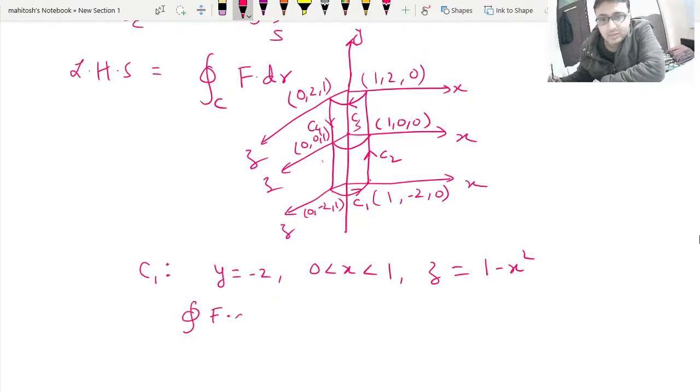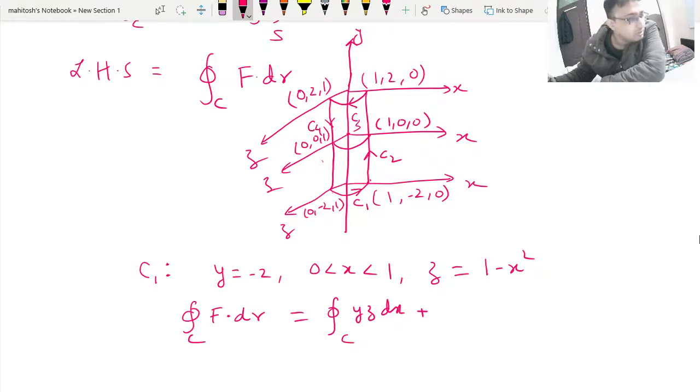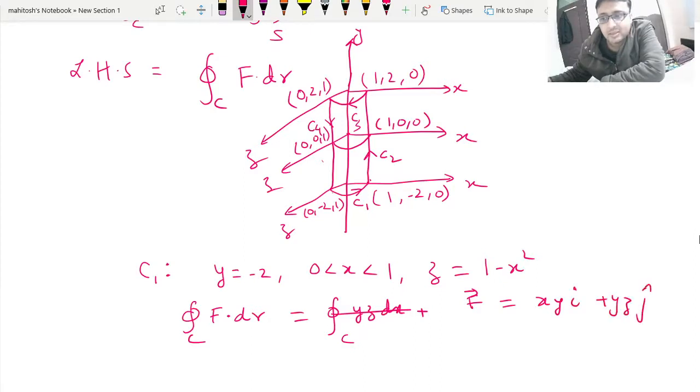First of all we need to do the general F dot dr. The question says that F is xy i cap plus yz j cap plus zx k cap.